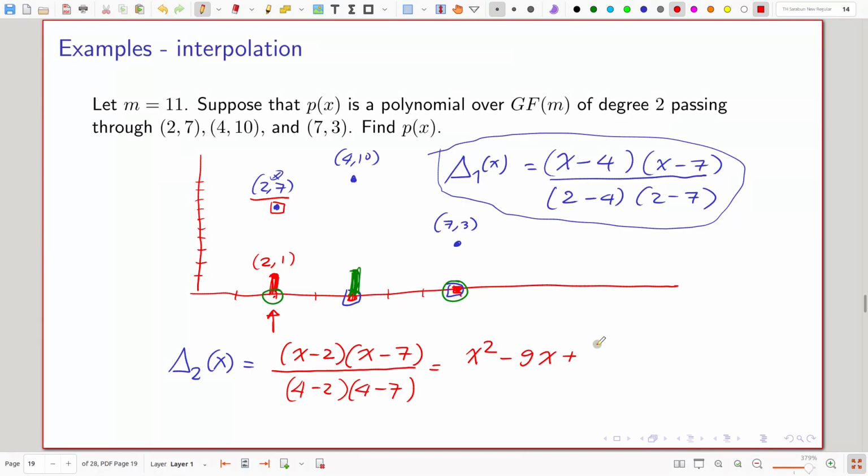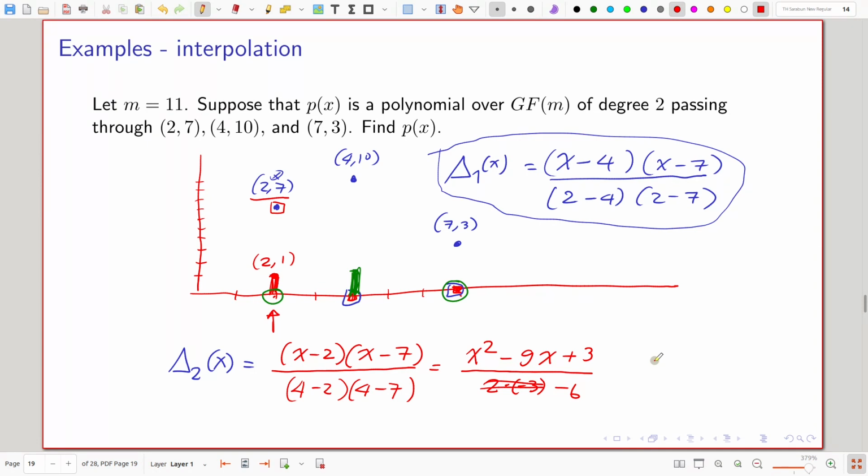So 14 is 3, right? And you want to divide by, this is 2, this is minus 3. Okay, so 2 times minus 3 is minus 6. Okay, but we perform everything modulo 11.